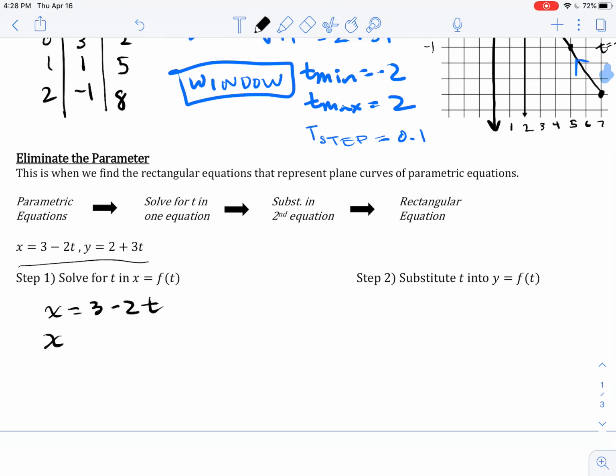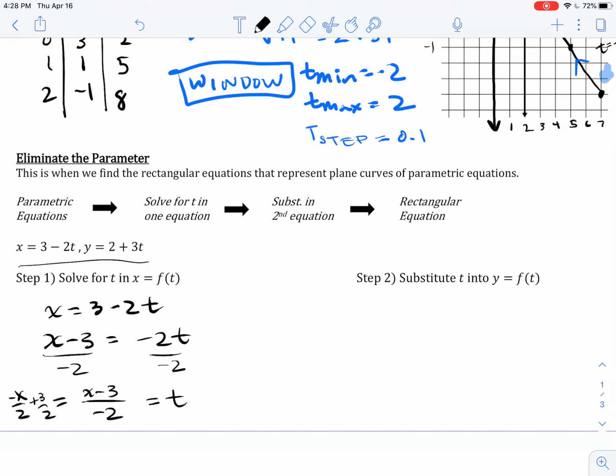So we're going to write x minus 3 is equal to -2t, and divide everything by -2. T then is equal to x minus 3 over -2, or you can also write this as -x over 2 plus 3/2. Again, it doesn't really matter because we're going to be plugging this in in just a moment.